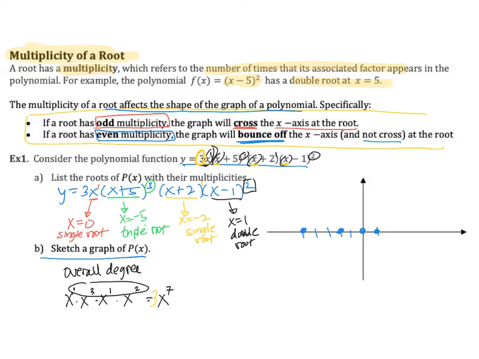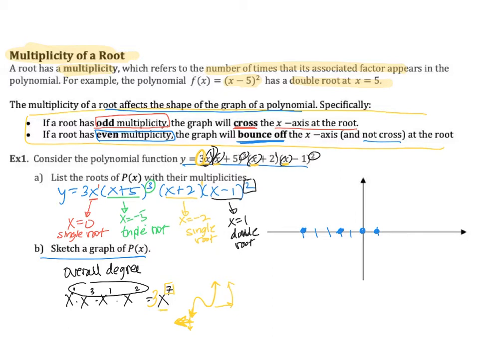So I have a leading coefficient of 3, it's positive, and it's an odd exponent, so that means your end behavior is: as the x coordinate gets lower, the y coordinate gets smaller as well. As the x coordinate gets bigger, the y coordinate gets bigger as well.